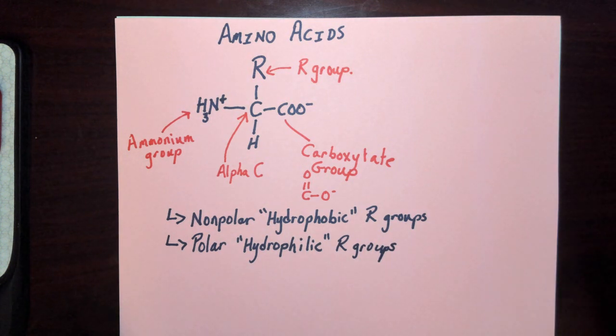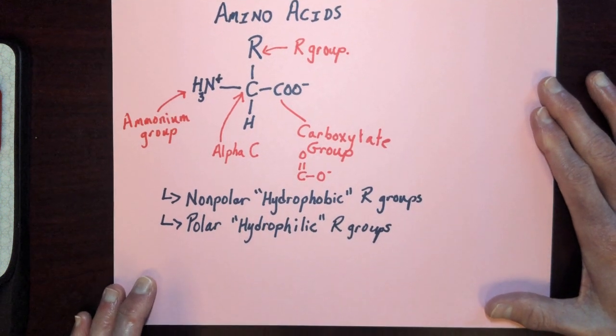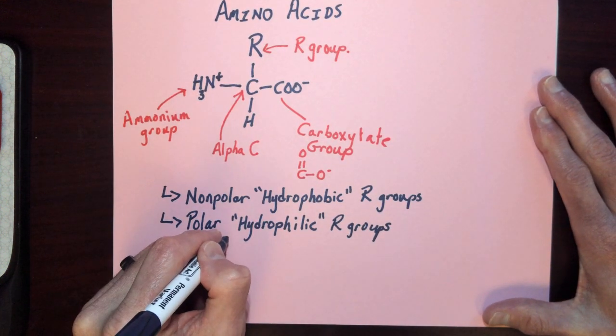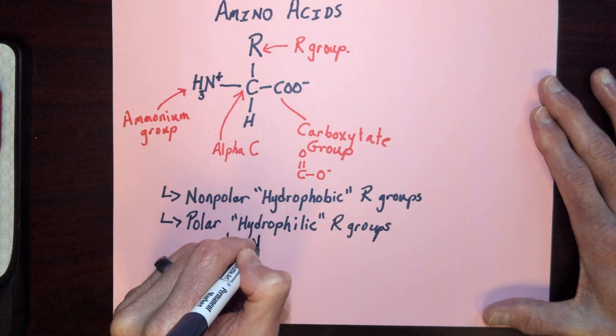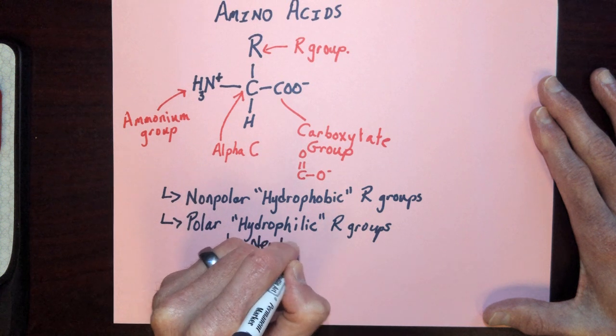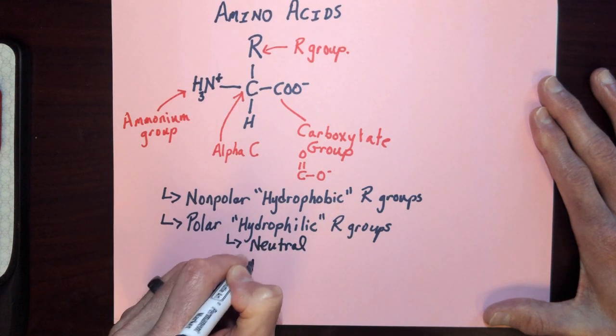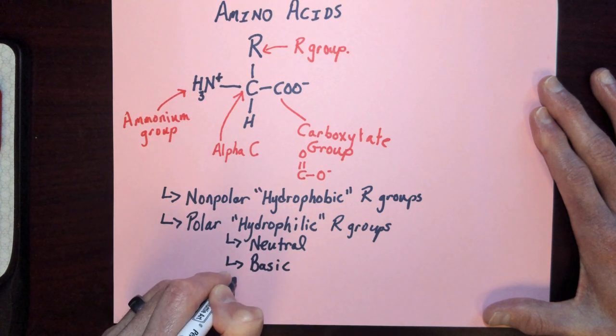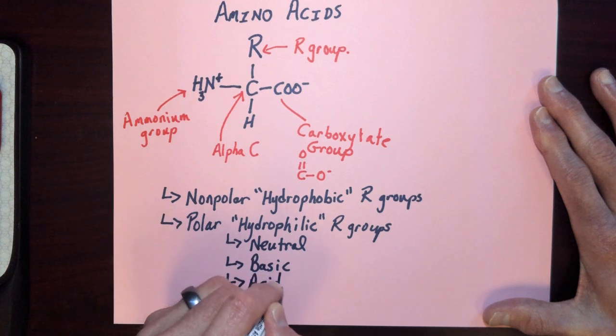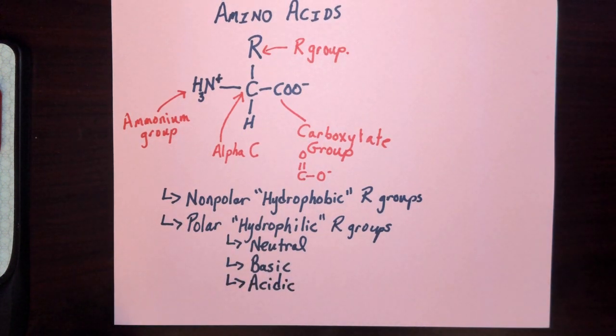These polar hydrophilic R groups can be subcategorized into being neutral, basic, or acidic. So the polar hydrophilic R group amino acids are further subcategorized by the neutrality, basicity, and acidity properties of that R group.